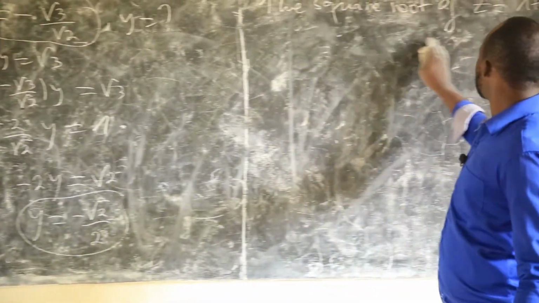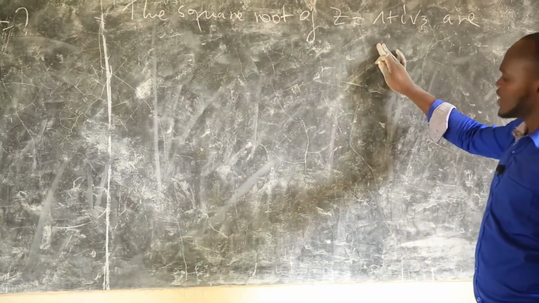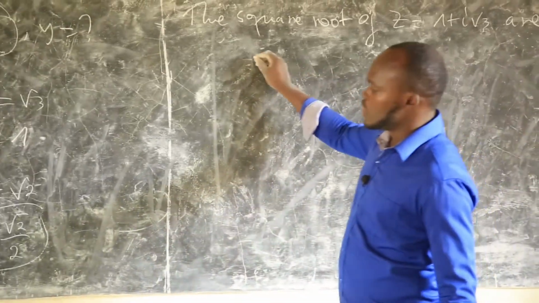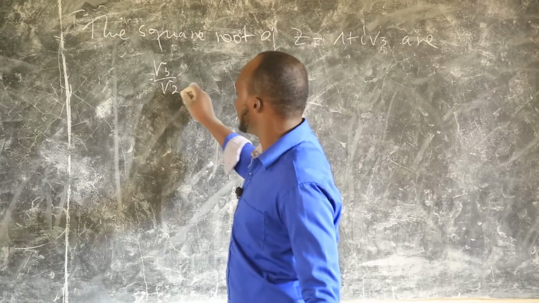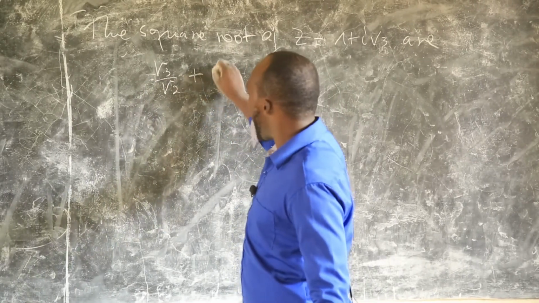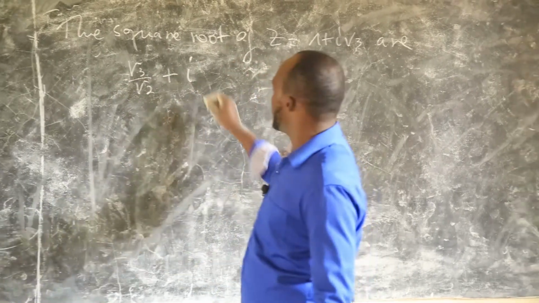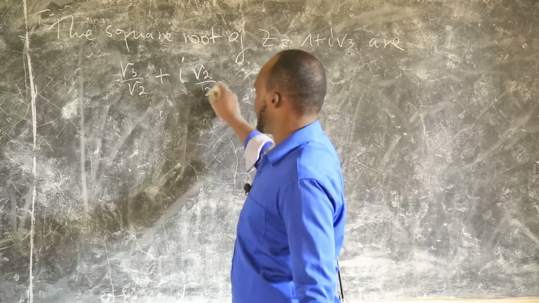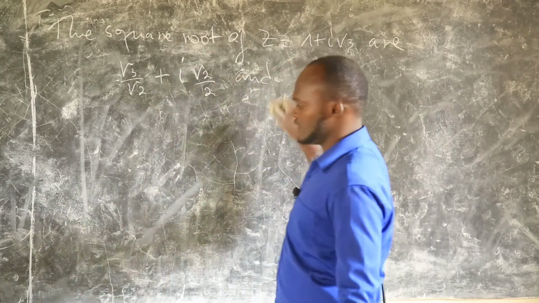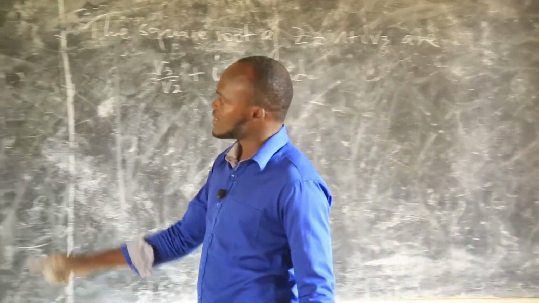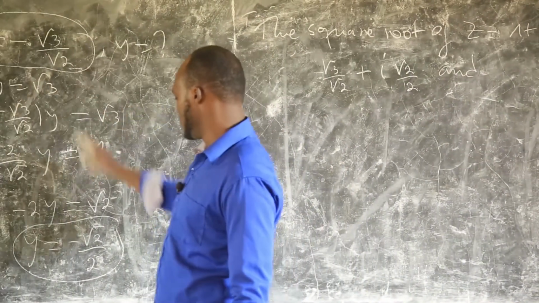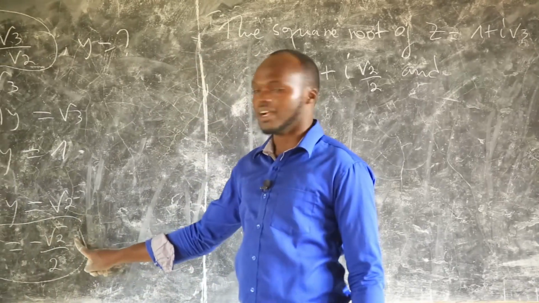So meaning that the square root of z equal to root 3 over root 2 plus i root 2 over 2, and the other one is when x is negative root 3 over root 2, our y is negative root 2 over 2.